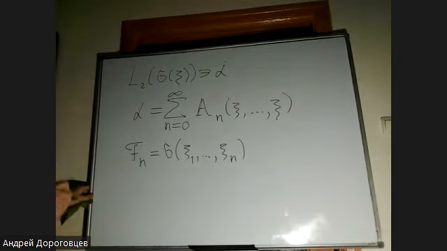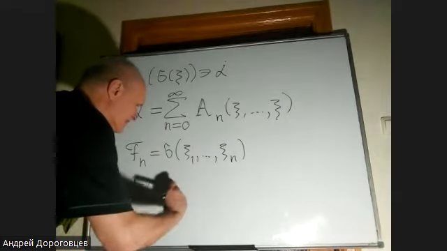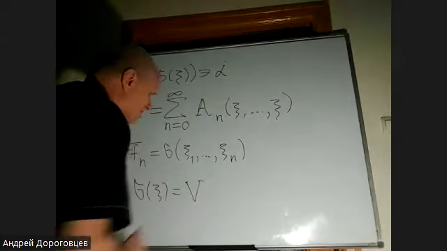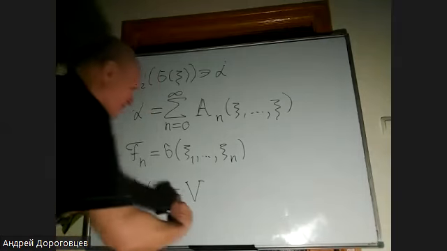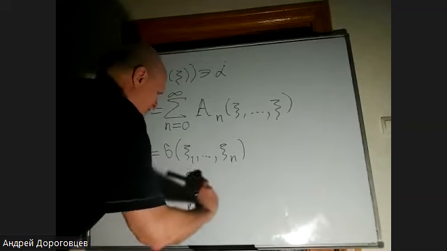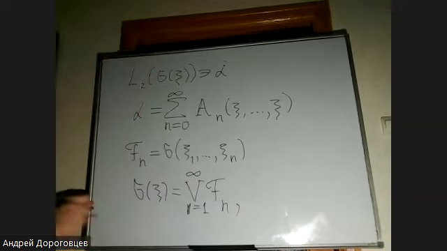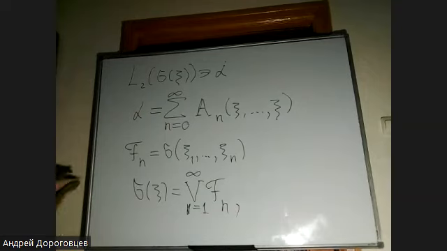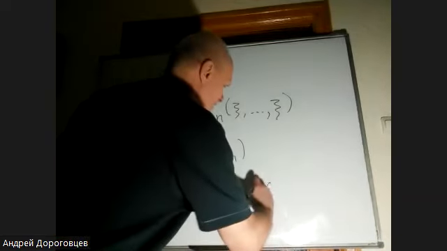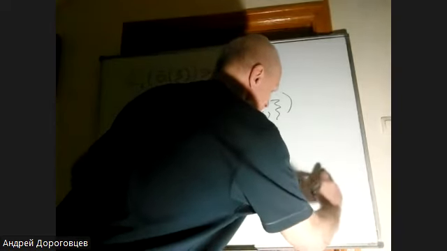Then it is evident that sigma(psi) is the smallest sigma field which contains the union of these sigma fields F_n, and what is important is that F_n is an increasing family. I will write it non-formally: F_n increases to sigma(psi).